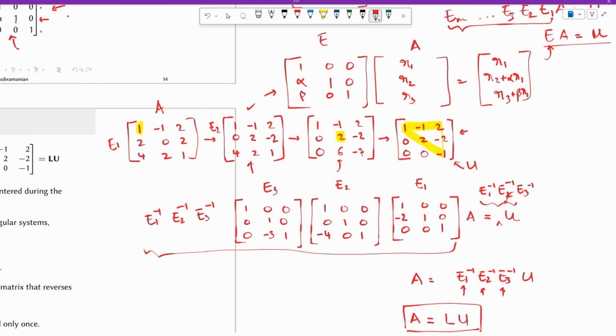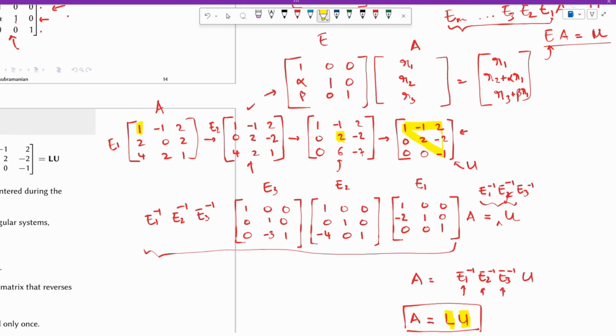Okay. So the way to interpret this is like this. U contains the end result of Gaussian elimination. And L is the matrix that will essentially undo Gaussian elimination so that you get A. Okay?